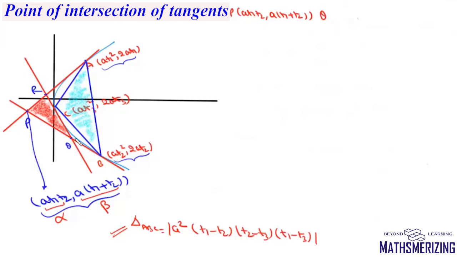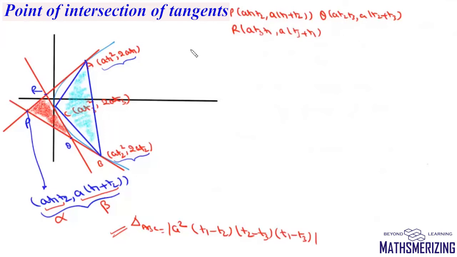Q is the point of intersection of tangents at C and at B. So it will be (a t2 t3, a(t2 plus t3)). And in the same way R, the point of intersection of tangents at C and A, will be (a t3 t1, a(t3 plus t1)). So now we'll need to find the area of this triangle PQR.